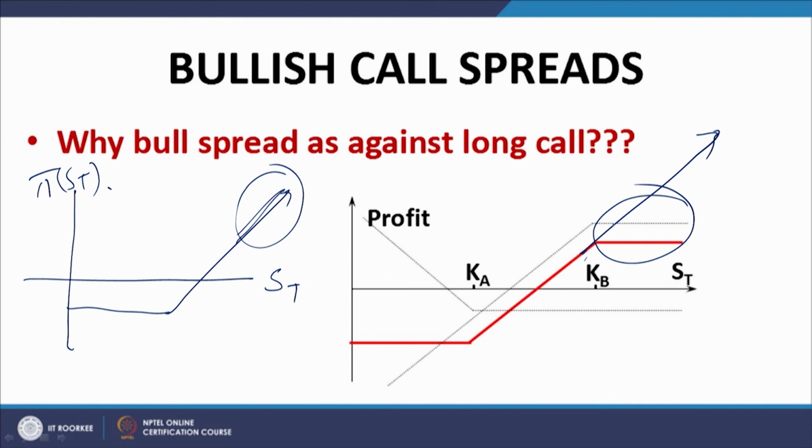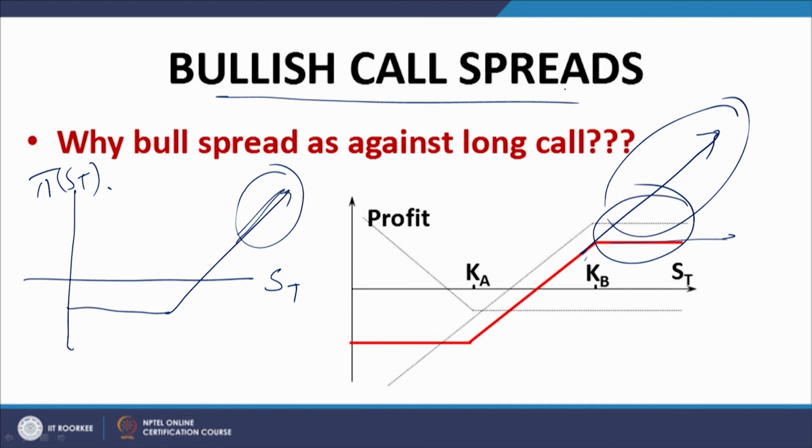So, the question is, why would somebody sacrifice this region of profit and go for the straight line? That is a very interesting question. The answer is quite simple. The person who is taking up this bullish call spread has the perception that the stock price is not going to increase beyond KB.